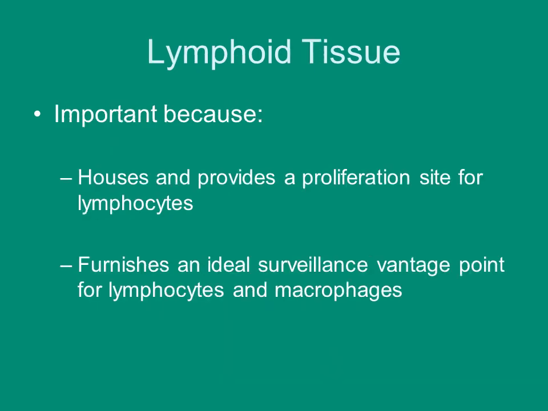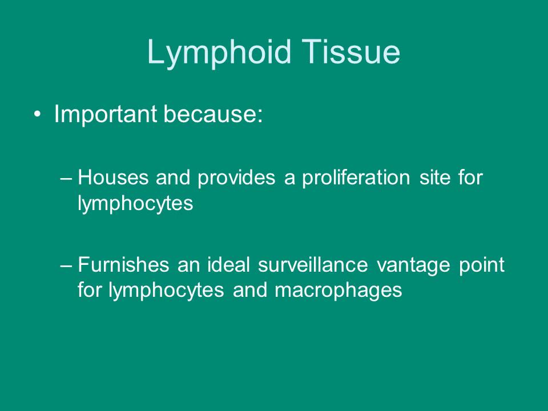The lymphoid tissue is extremely important because it provides a site for storing and then activating and having your lymphocytes proliferate. When they are exposed to a foreign substance, they go through a proliferation stage where basically they're producing lots of clones to be able to fight whatever the infection is.